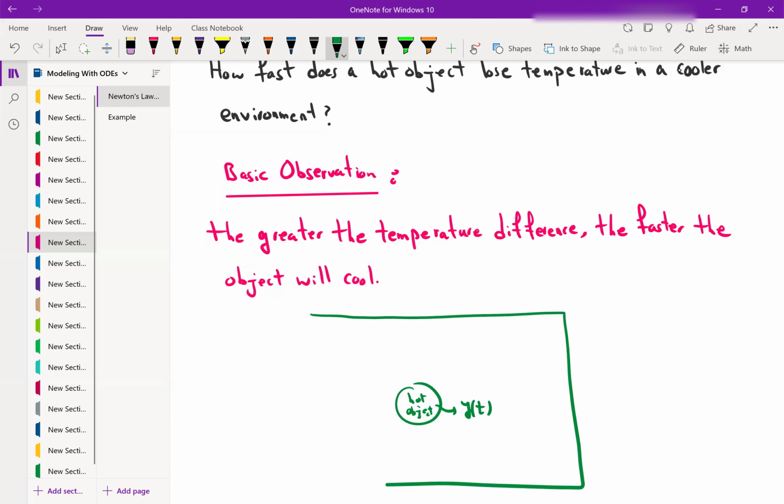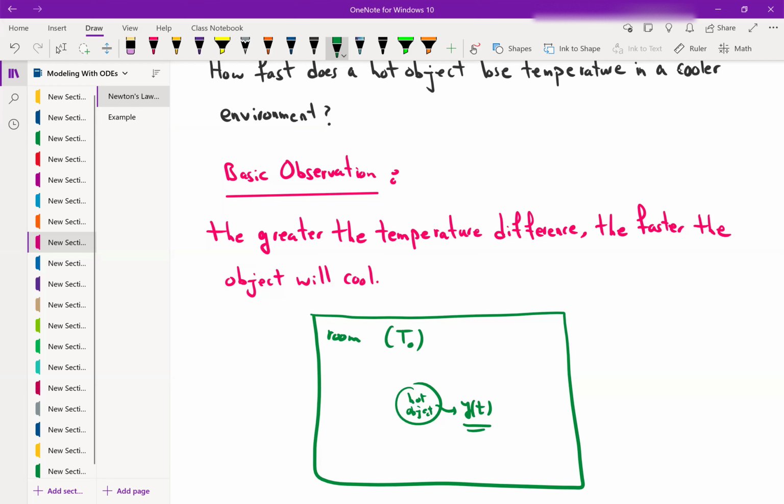So you have your hot coffee mug inside the room, and the room temperature is T naught. This room temperature is fixed, but the temperature of the coffee mug is changing with time. That is why I wrote it as y as a function of t.